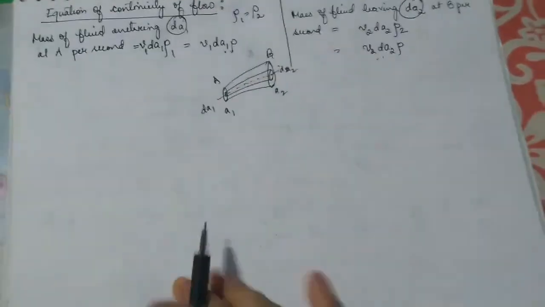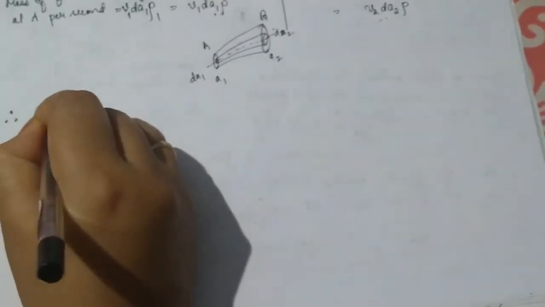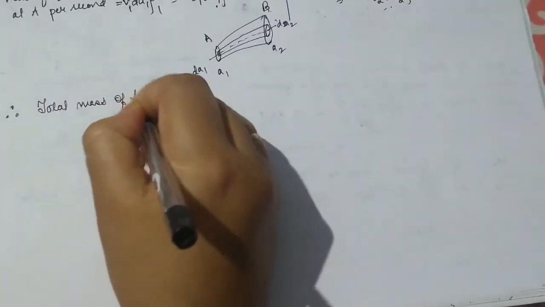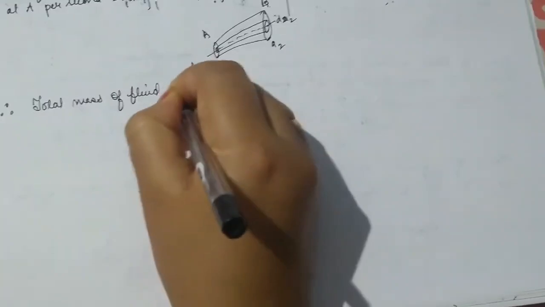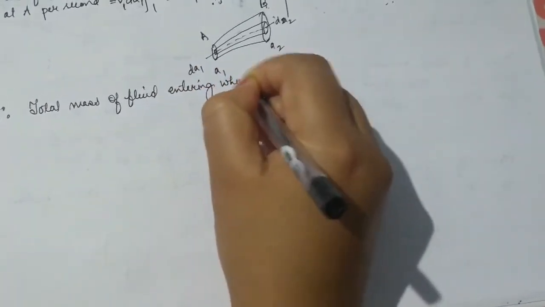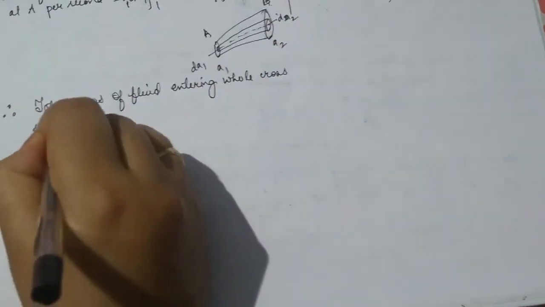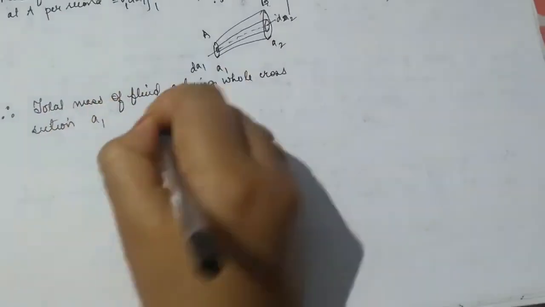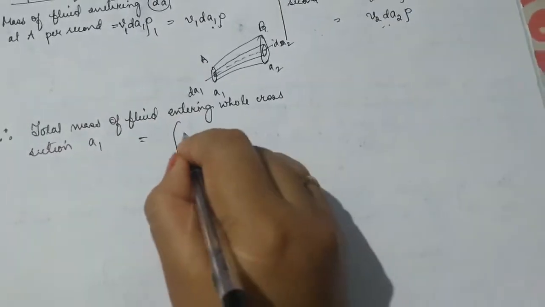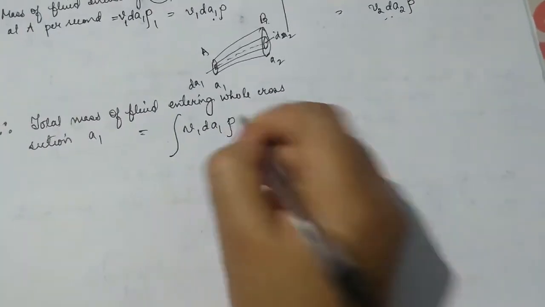Therefore, I will write: total mass of fluid entering the whole cross section A1 is equal to, I will do the integration, V1 dA1 rho.